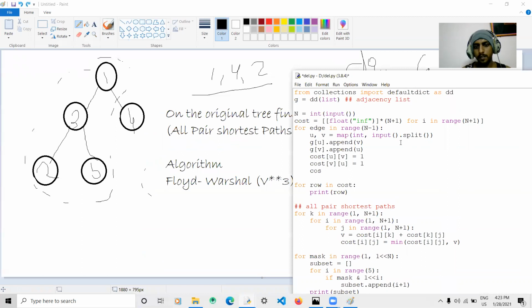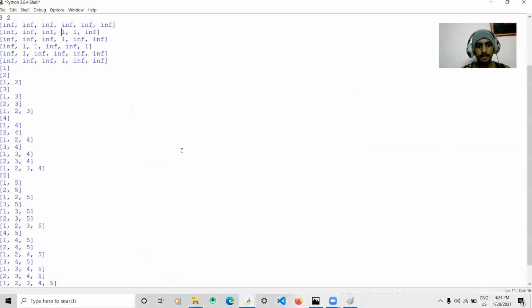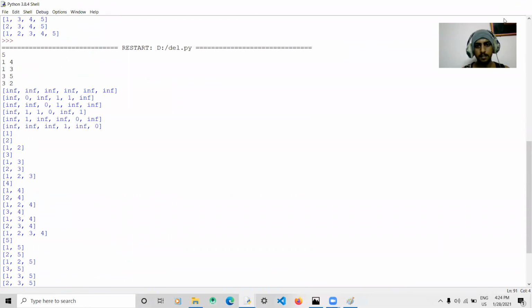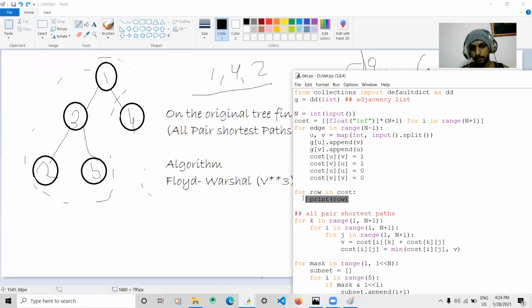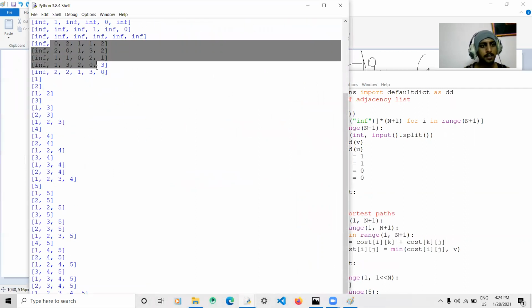We can get rid of more infinities by saying that cost u to u is 0, because traveling to your own node doesn't hurt, and v to v is 0. Now if you do Floyd Warshall and look in the matrix, you would see that most of your paths are fixed.